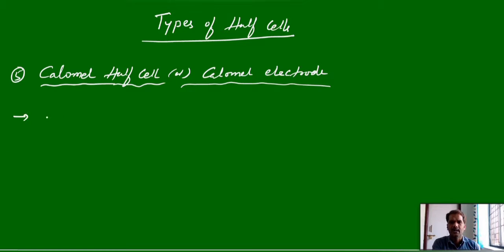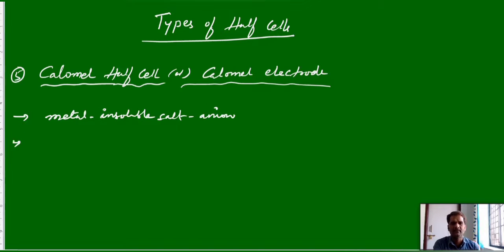It is also a type of metal insoluble salt anion cell. And this calomel electrode we can use as a secondary reference electrode, just as the hydrogen electrode is a primary electrode, but here the calomel electrode can act as a secondary reference electrode.